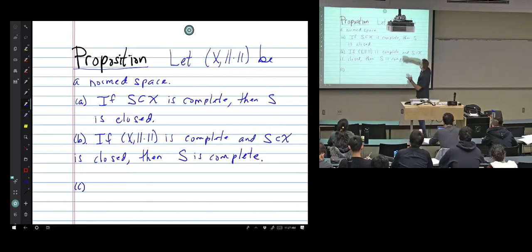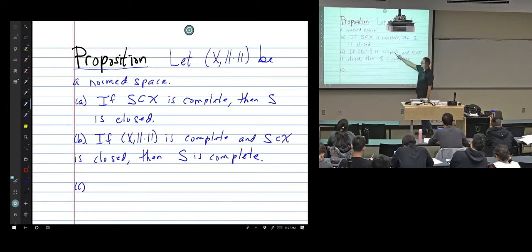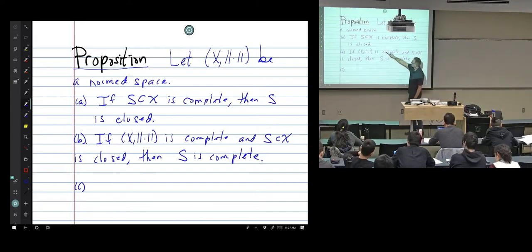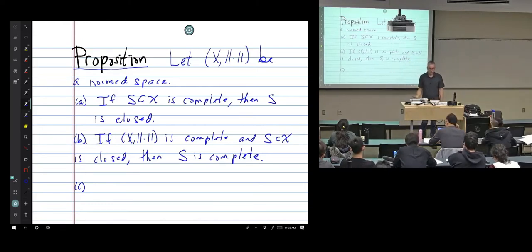Okay, so we didn't start out assuming X has the completeness property. But if we add that, so X is Banach, then all closed subsets are complete, and hence it's if and only if. So if X is a Banach space, then a subset is complete if and only if it is closed, when you put A and B together.